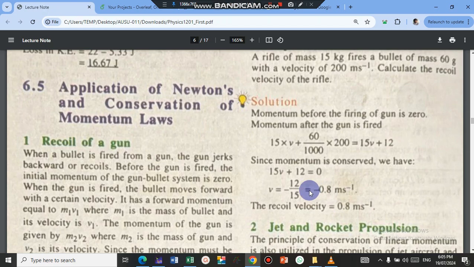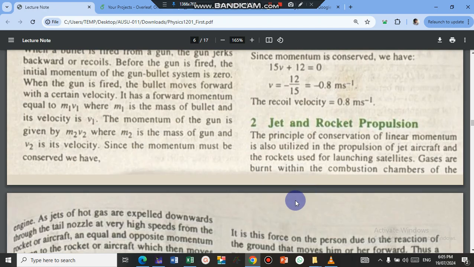Okay, the next application is jet and rocket propulsion. The principle of conservation of linear momentum is also utilized in the propulsion of jet aircraft and rockets used for launching satellites.